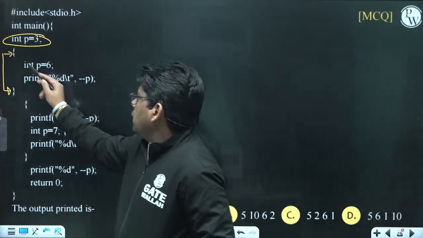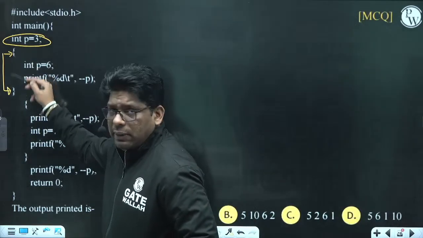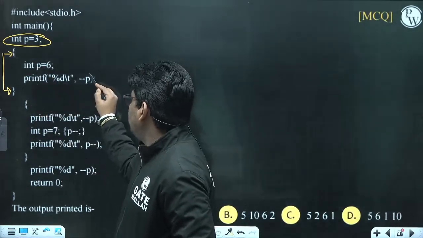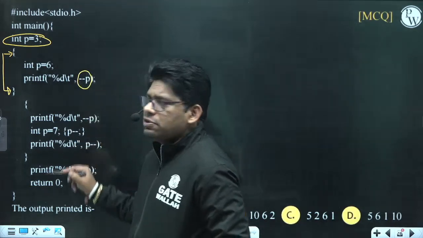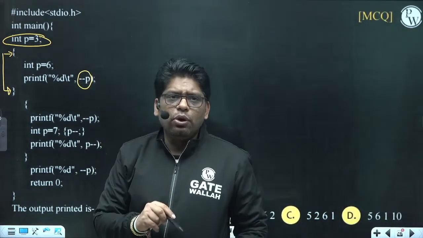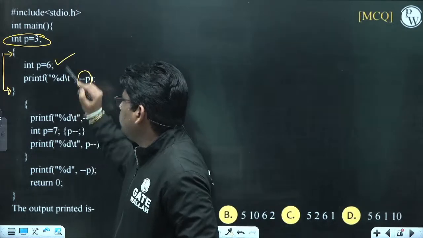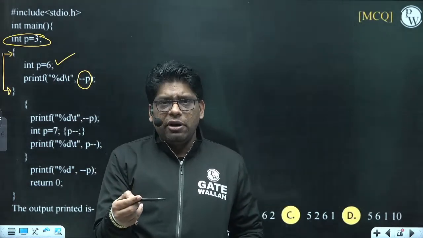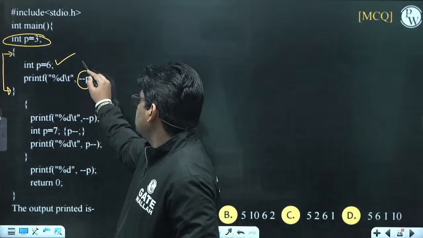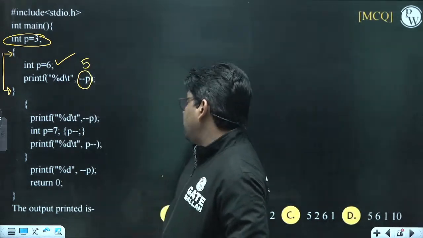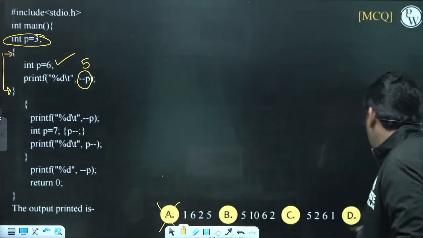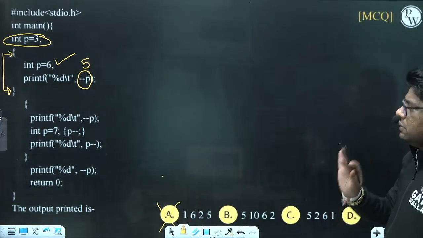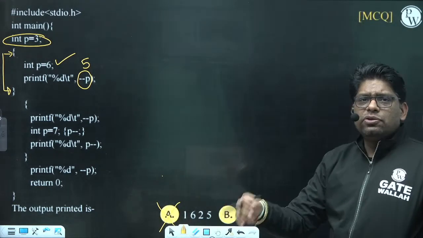So coming to this block, if we are trying to print the value of minus p, which p we are talking about? Sir, this p we are talking about, because by default more local scope is being preferred. That is why, sir, the very first value that gets printed by this program is 5, and that is why A is not the answer.